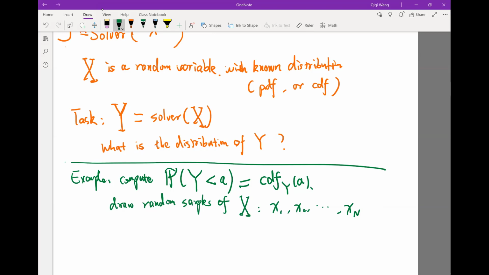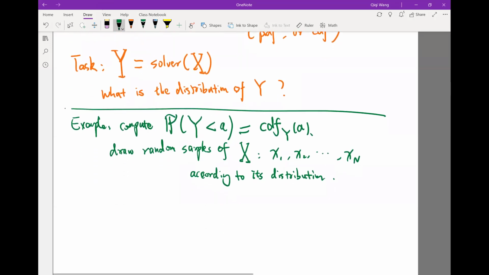And the samples have to be drawn according to the probability distribution of X, to its distribution. So what does that mean? It means that I know the probability distribution of X. Let me write it like this.